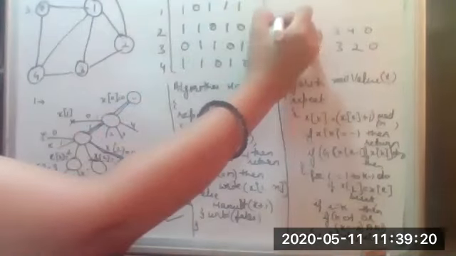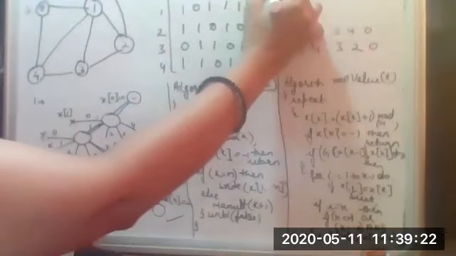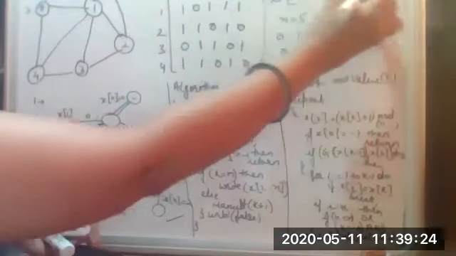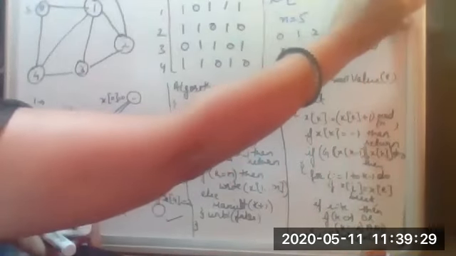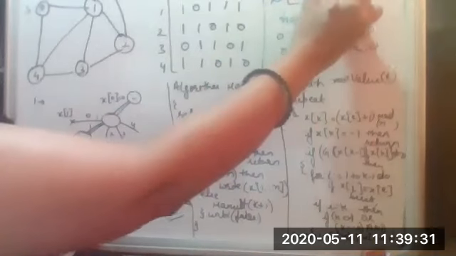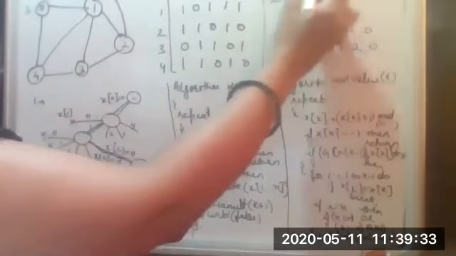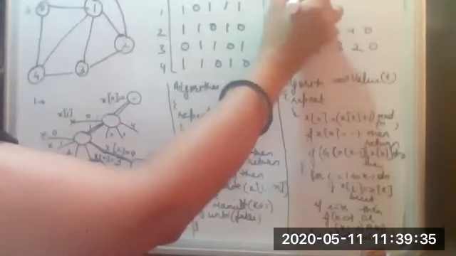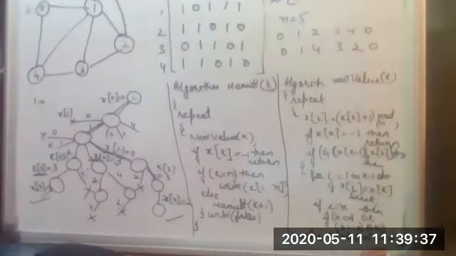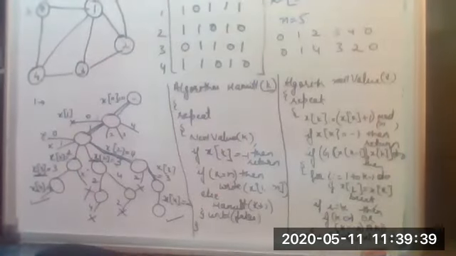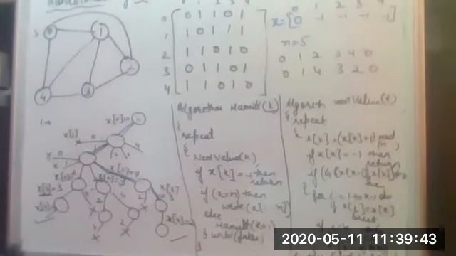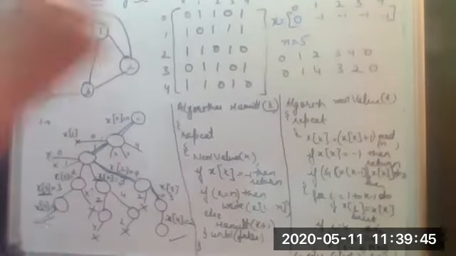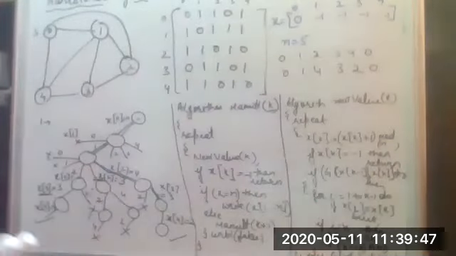So n is equal to 5, and the array X goes from 0 to 4, with all values initialized to -1, and the first one taken as 0, which is your starting vertex. Fine. So with this, it starts with k equal to 2.